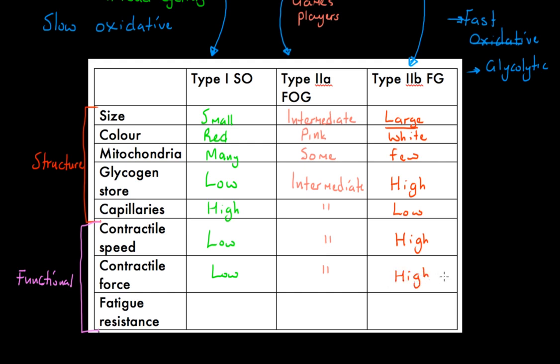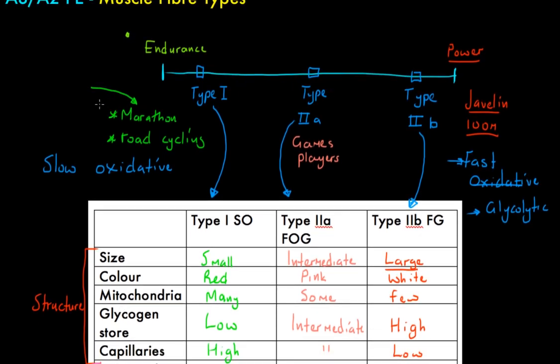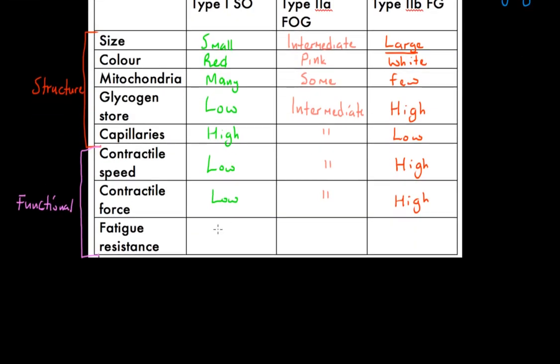So we might start to think, well, these fast twitch type 2B fibers over here, they're the ones to have, right? They're obviously the best one. But hang on, fatigue resistance, now we get into a different game. Do you think that type 1s are going to be fatigue resistant, bearing in mind they're used for marathon and road cycling? Well, they are, of course. They are highly fatigue resistant.